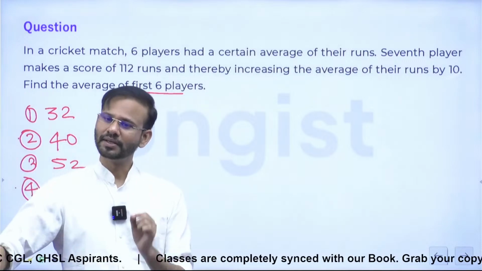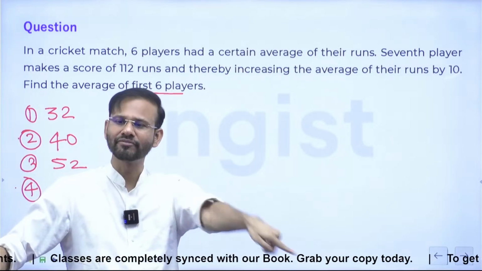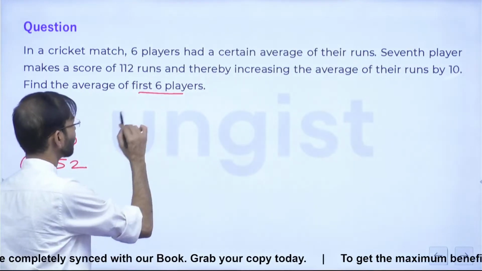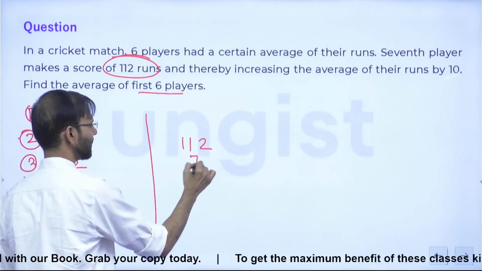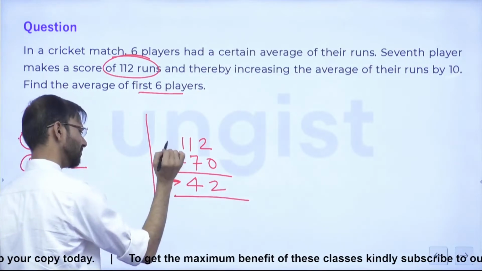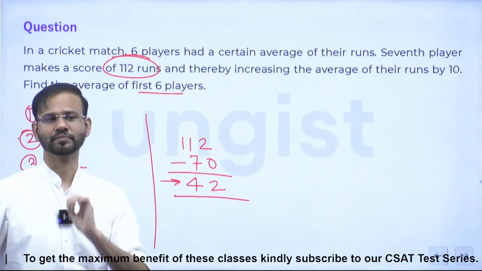So he made a score which is 70 more than the old average. So what did he score? 112. 112 is 70 more than the old average. So the old average must be 42, and the new average will be 42 plus 10, that is 52.